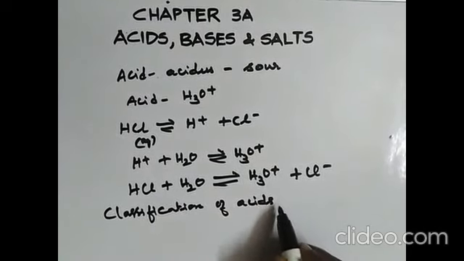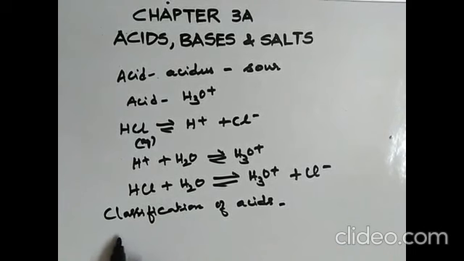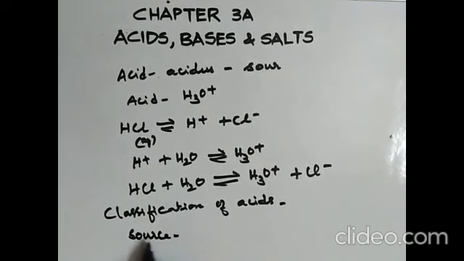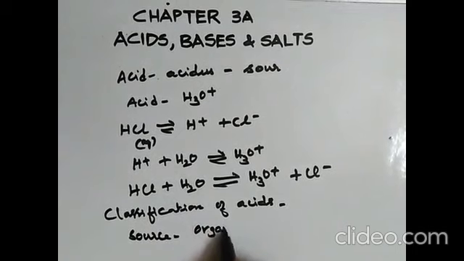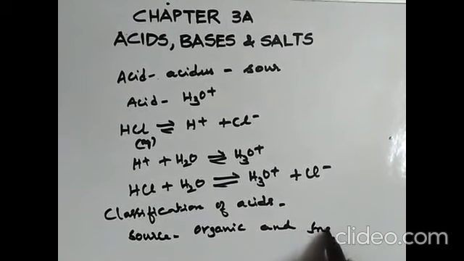So next, going to the classification of acids. Acids can be classified based on various factors. The first one is based on its source. The source is from where it is obtained. Acids can be classified based on the source into organic acids and inorganic acids.